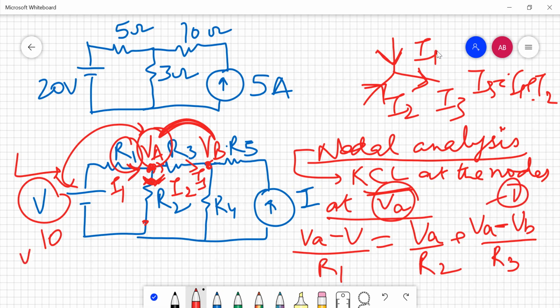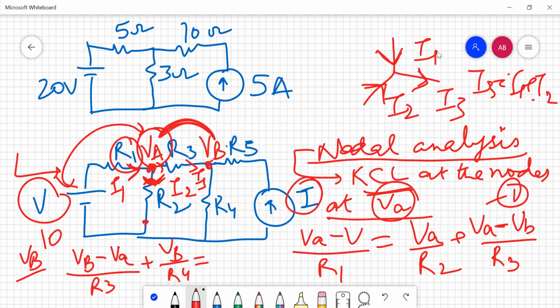So now for our second node, VB, it will be written as, because we are considering VB, VB minus VA divided by R3 plus VB divided by R4, and this whole will be equal to this current, because it is given in terms of current only. The current source is given and we are writing these equations in current form only.